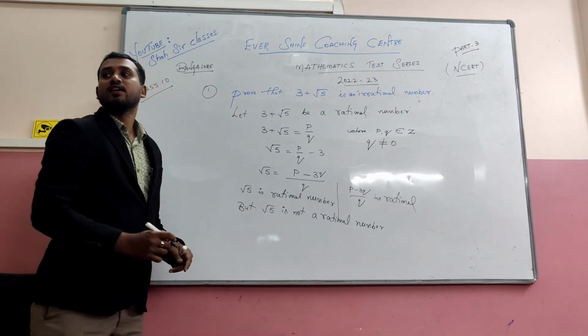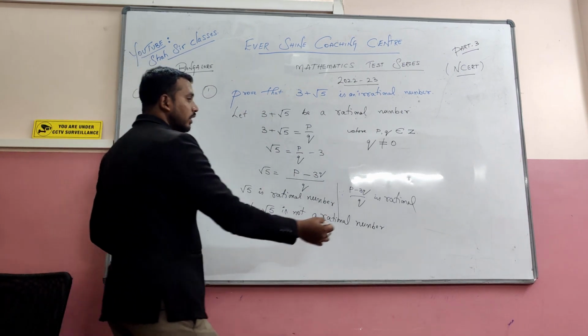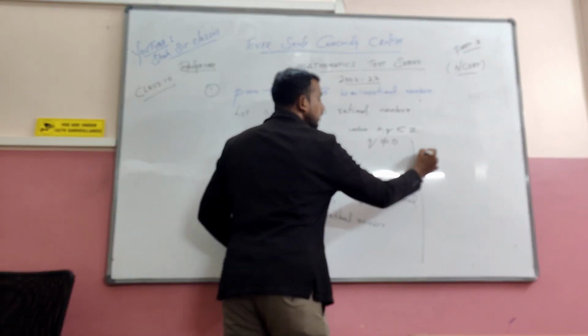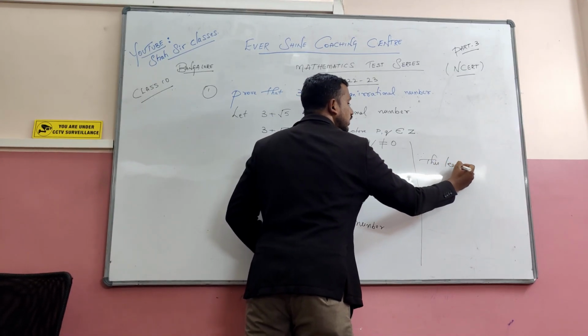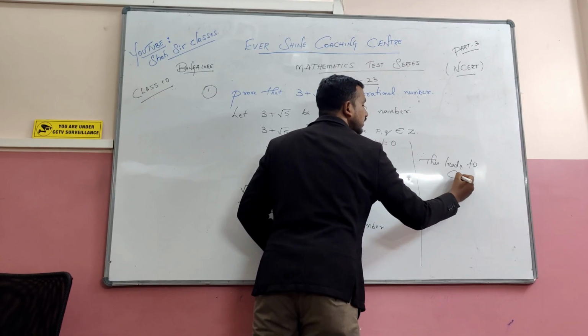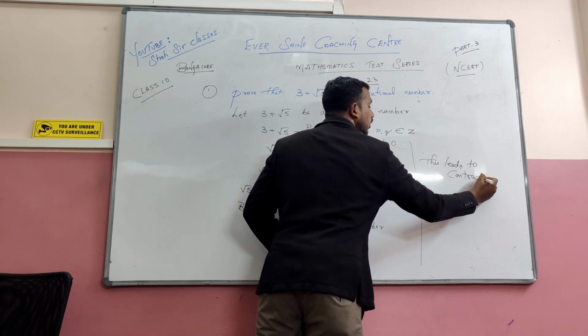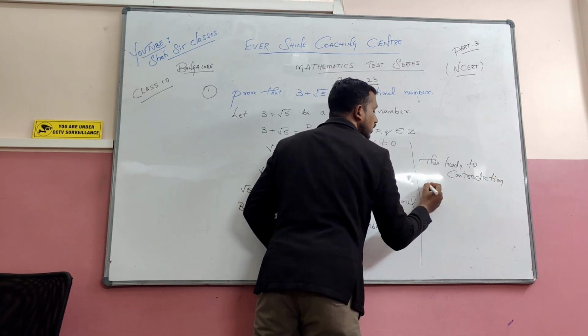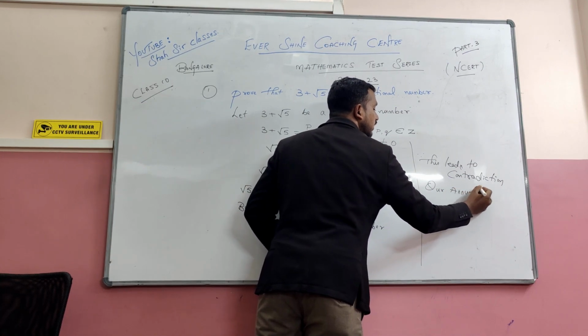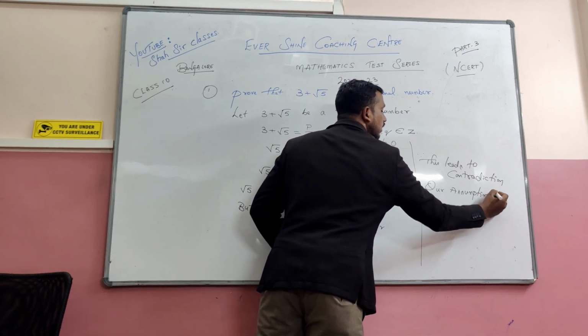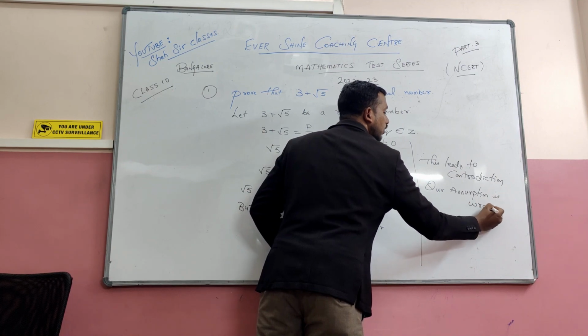Root 5 is not a rational number. Rest steps I solve here. Therefore, this leads to contradiction. Our assumption is wrong.